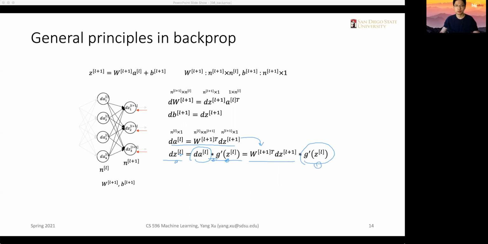I found that it would be really helpful for you to understand how those gradients connect to each other if we go through some programming practices with the help of PyTorch or other frameworks. The advantage of using PyTorch, as we have already witnessed in the previous lecture, is that the gradients will be automatically computed for you.